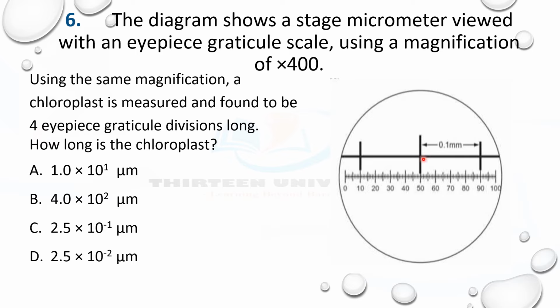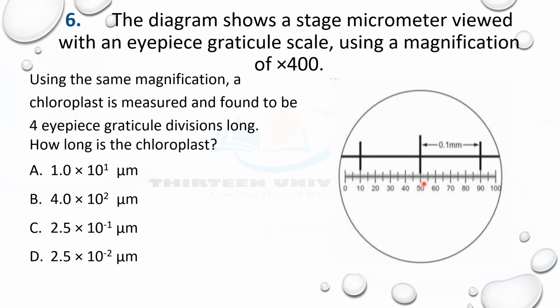Can you see the calibration? These big divisions are for the stage micrometer. From here to here is one division of the stage micrometer. This is the point of superimposition, the point of intersection, where this intersects with the eyepiece graticle.